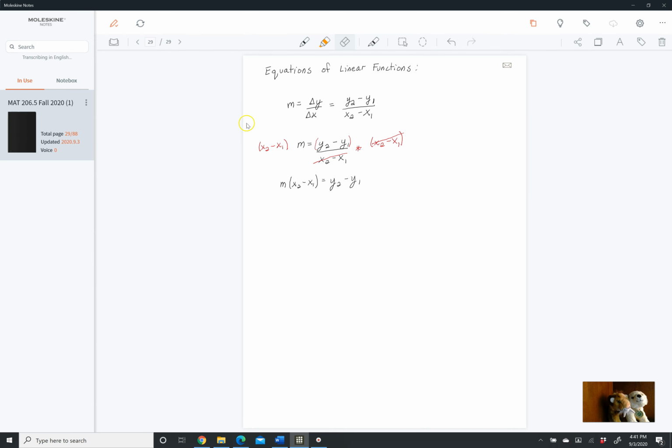Now this pretty much gives us our equation. The only thing that we're going to change is that because we only have a single point when we're asked to write the equation of a line, and the equation of a line has to have x and y in it, we're just going to take out this y2. This x and this y just remain as x and y as our second point. Okay, and we call this point slope form.